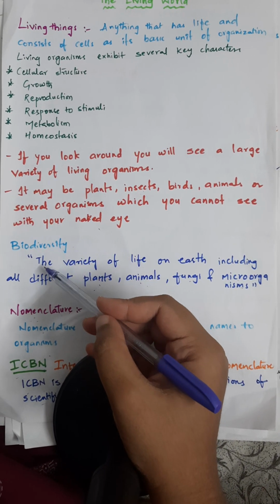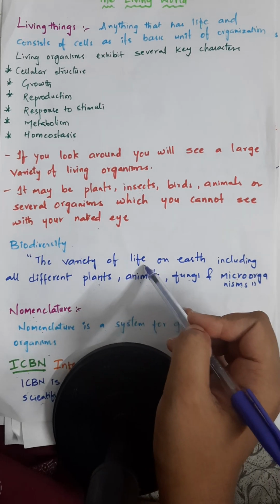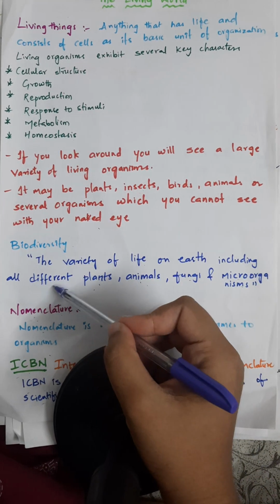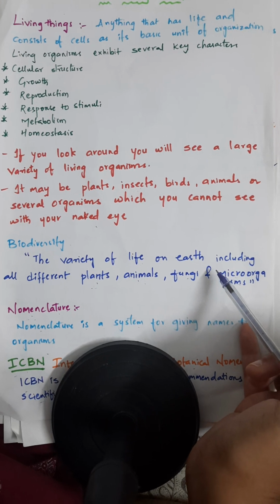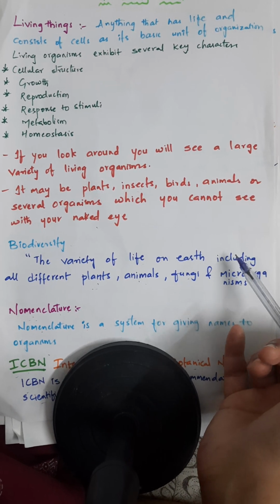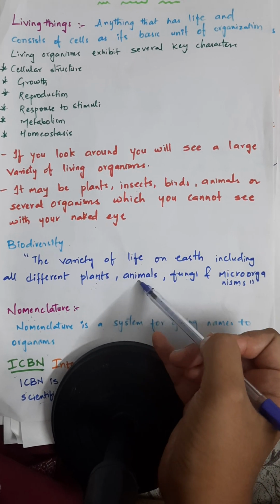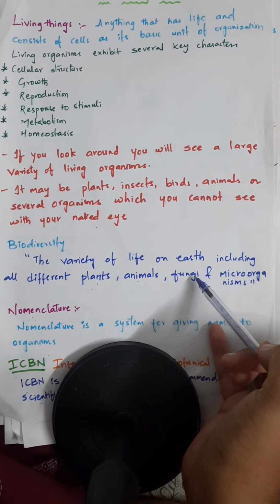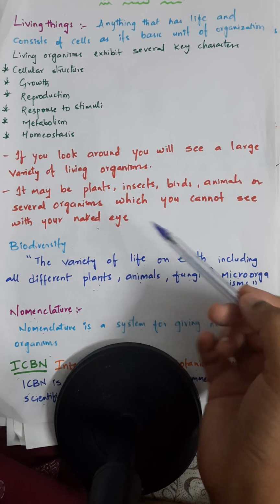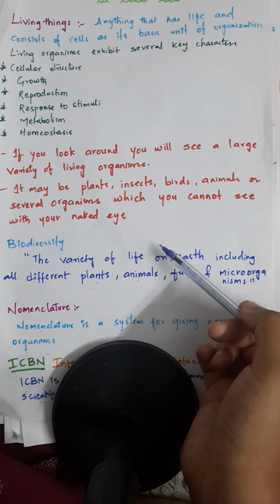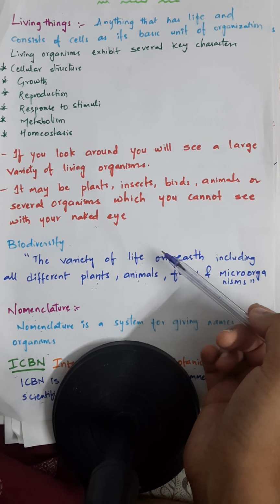What is biodiversity? The variety of life on earth, including all different plants, animals, fungi, and microorganisms. The larger the variety of living organisms, the larger the biodiversity.